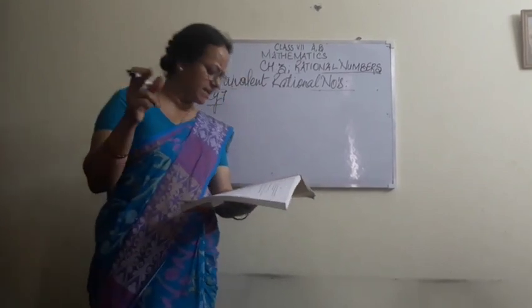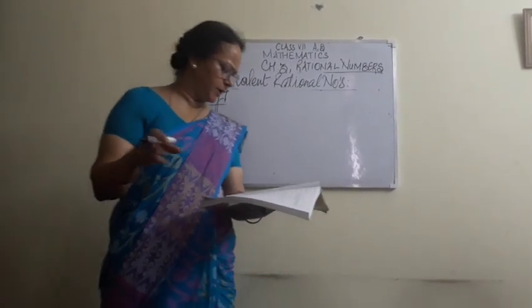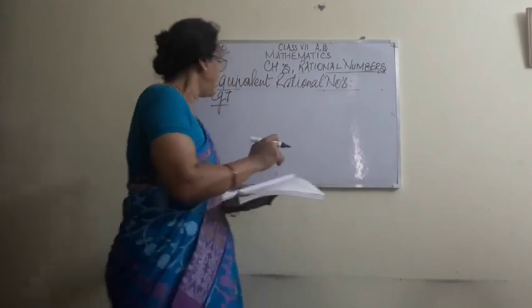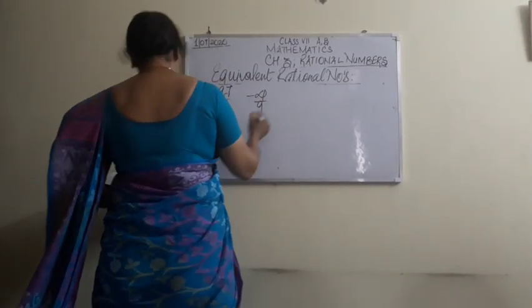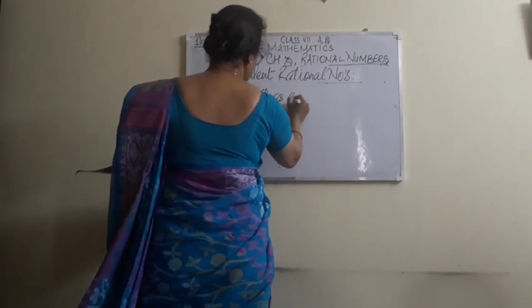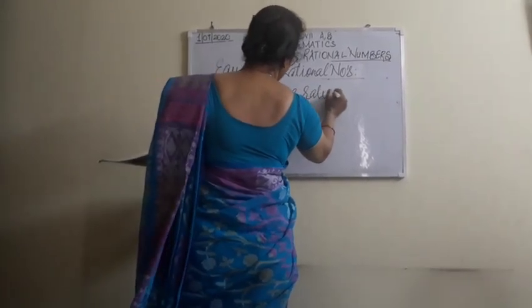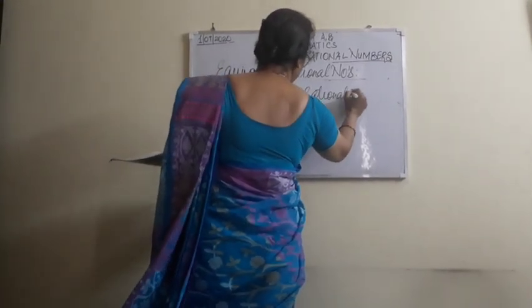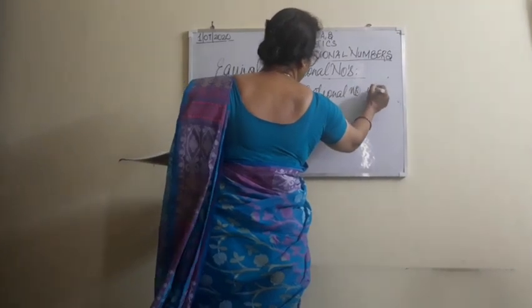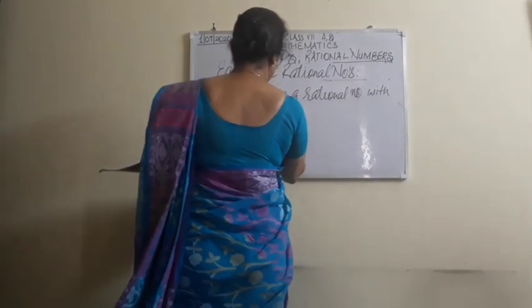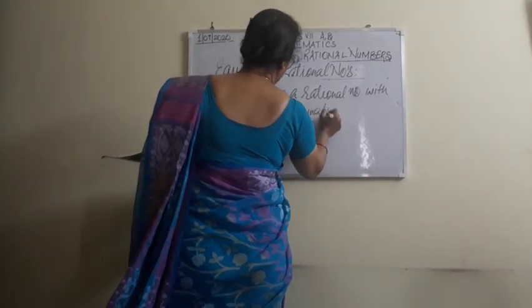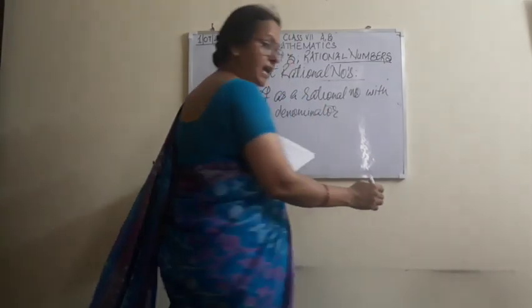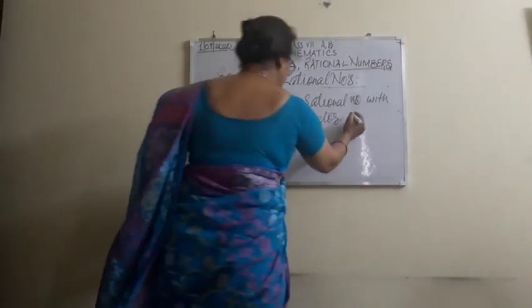Now example number 7 is given on page number 24. Express minus 4 by 9 as a rational number with denominator 36.